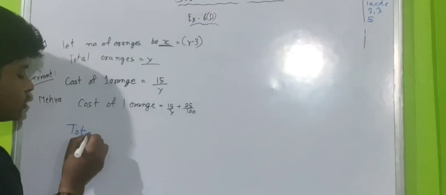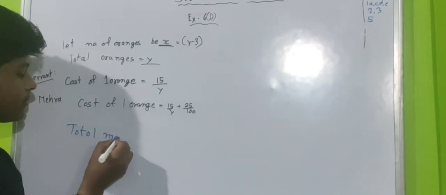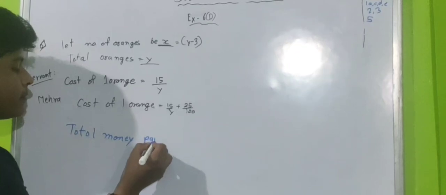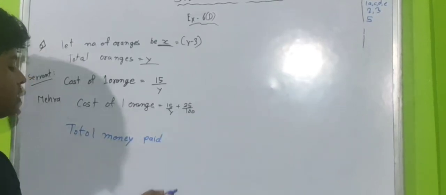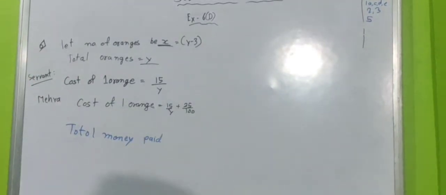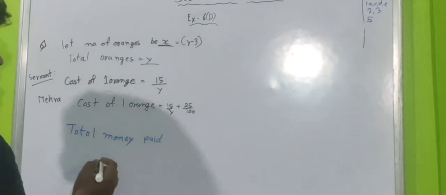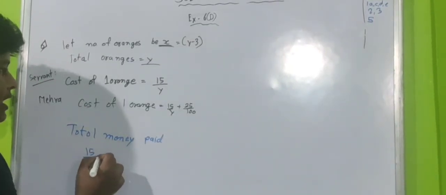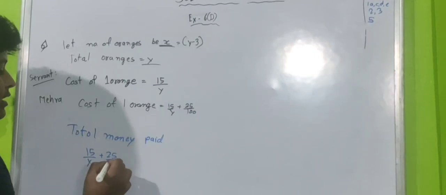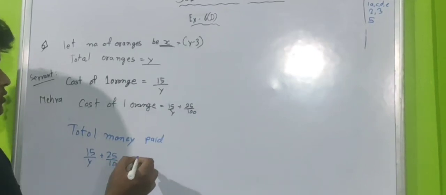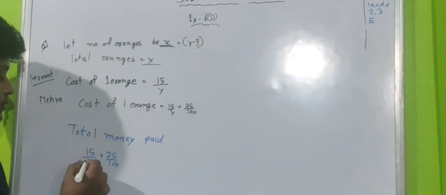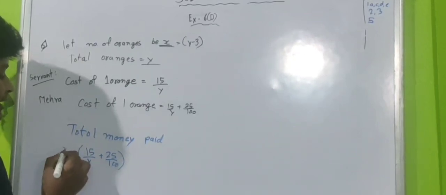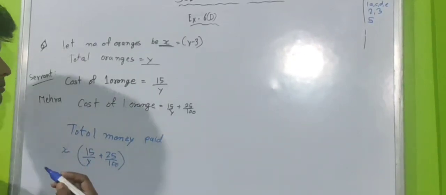To find the total money received, means the total money paid to the servant for the oranges, it is 15 by y plus 25 by 100. This is for 1, and x is the total number received by Mr. Mehra.